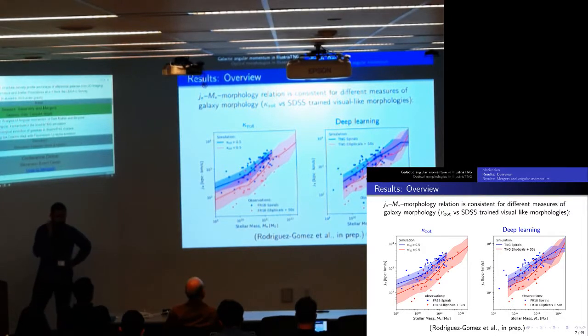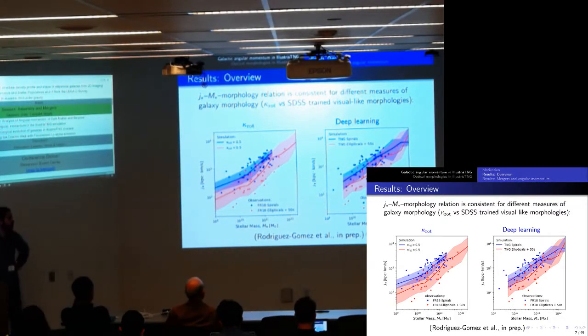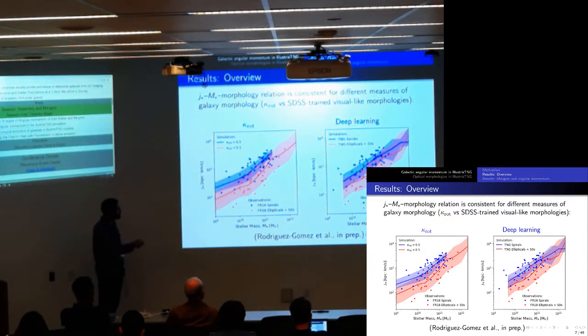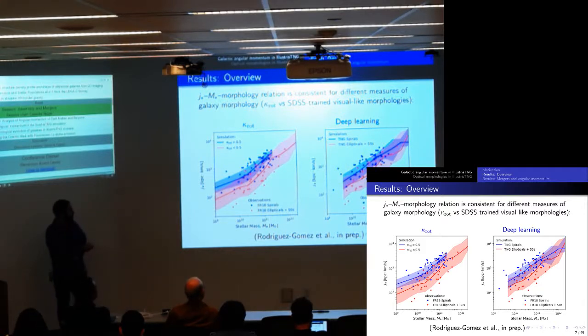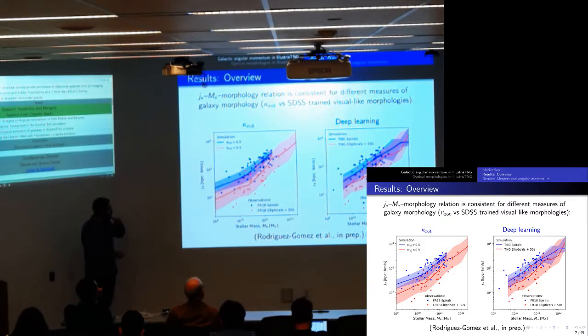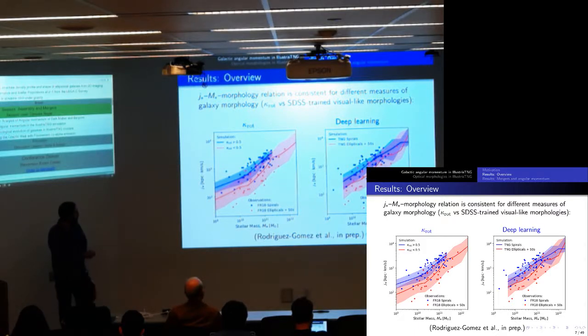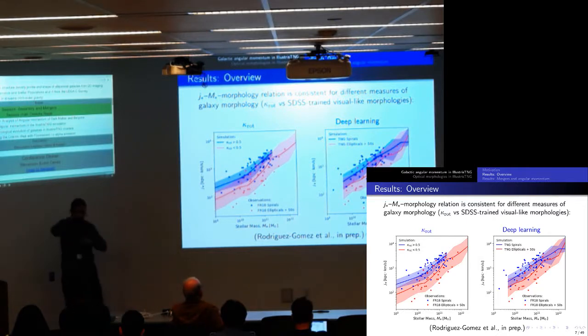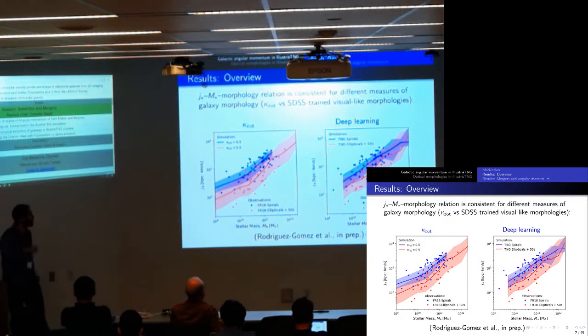Mark will talk more about that on Friday, so you should definitely stay until then. In both cases, there is agreement with observations. Here the data points are more up to date: these are the most recent measurements from Fall and Romanowsky in 2018. I should also point out that this is a very inclusive sample of galaxies. I'm basically including all galaxies, not just the tails of the spheroids and disks.